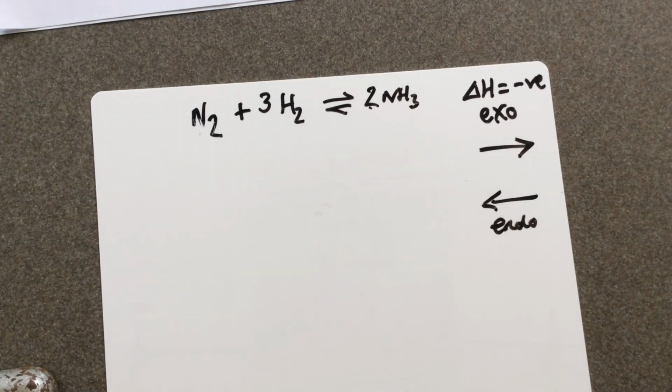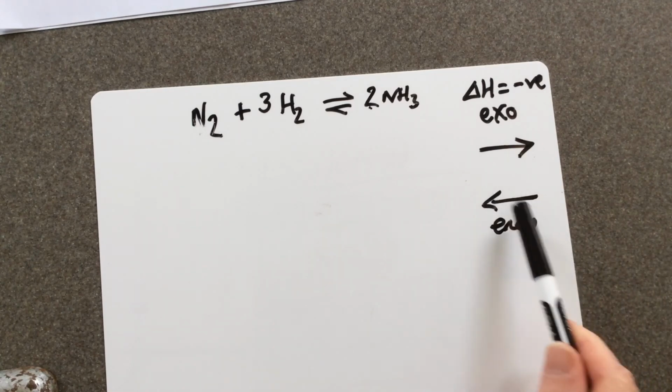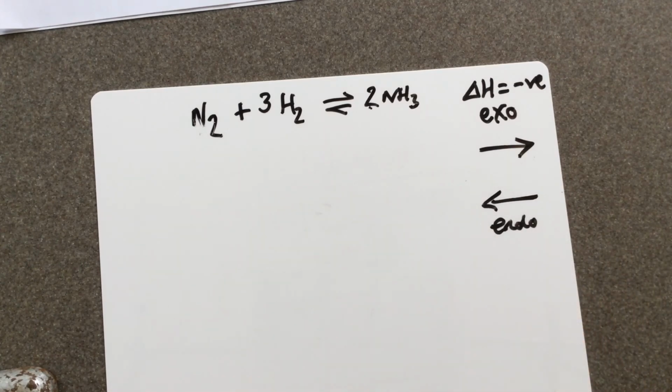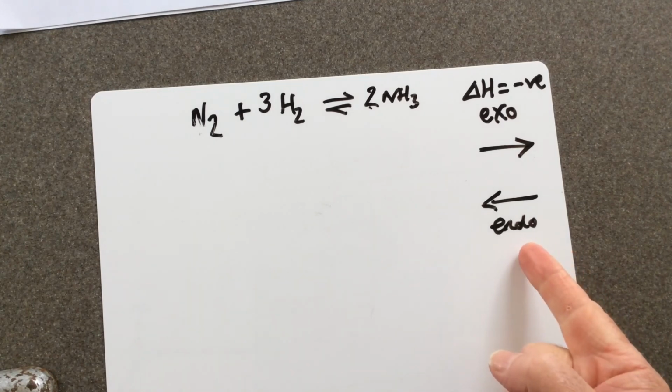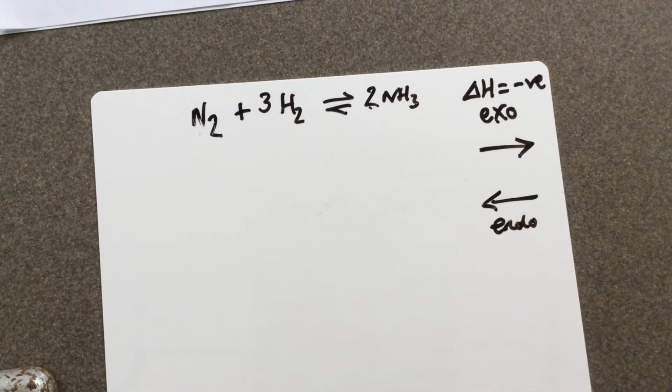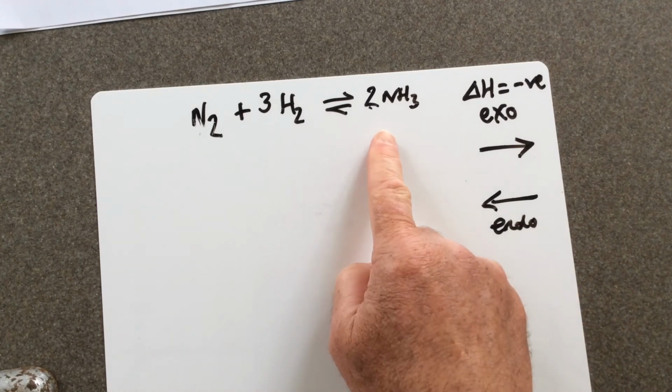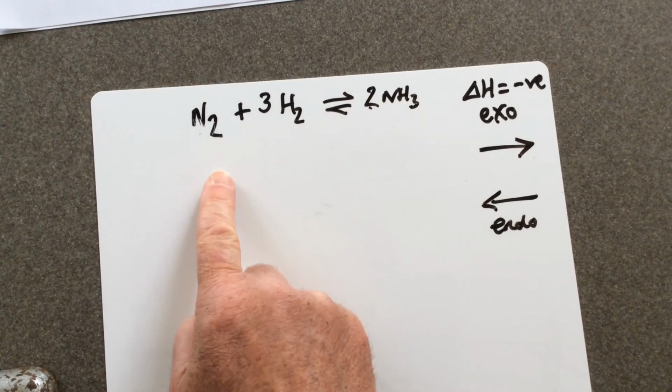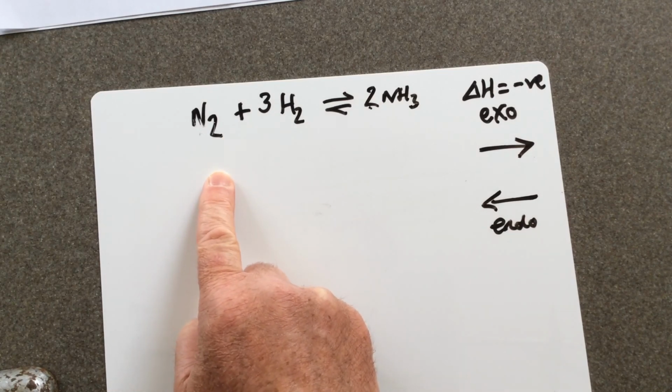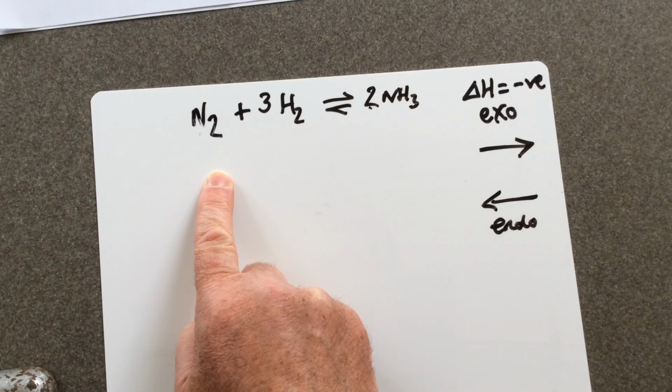And it can only do that by absorbing energy. And it can do that by going in the endothermic direction. So the moment that you increase temperature for an exothermic reaction, the endothermic direction will be favoured. And the position of equilibrium will move in the endothermic direction, which in this case is towards the left-hand side.